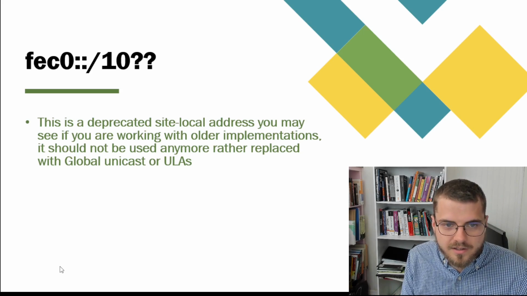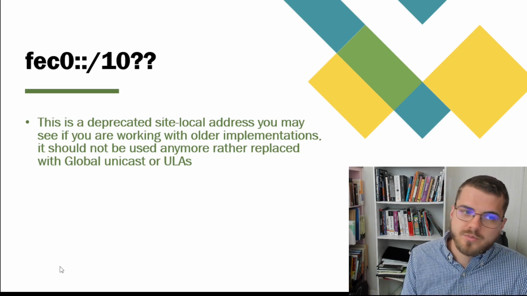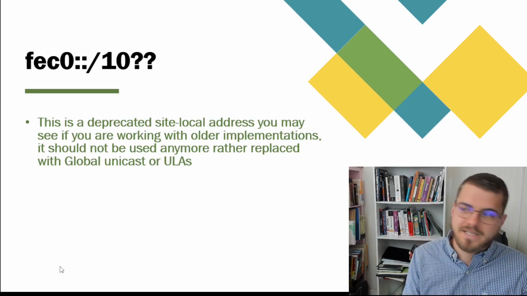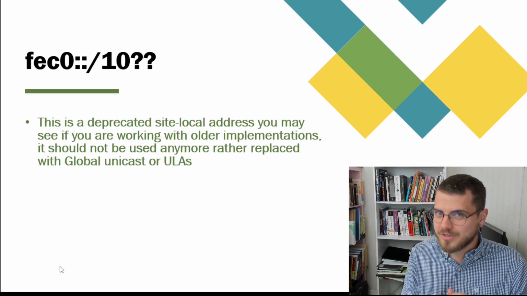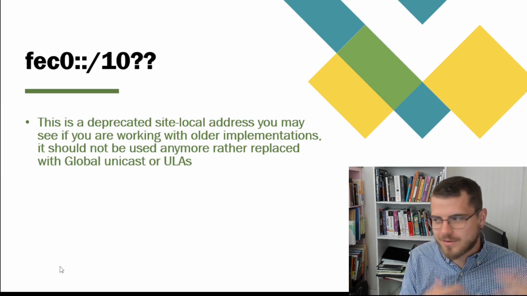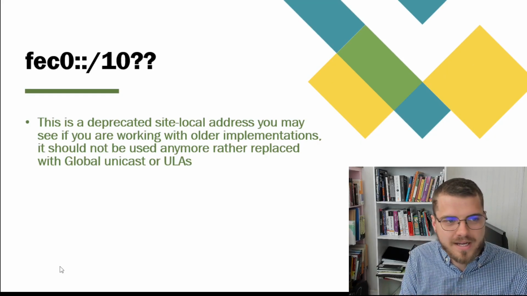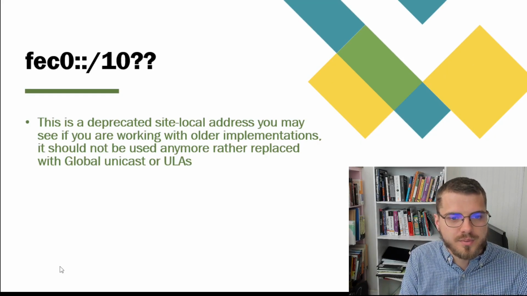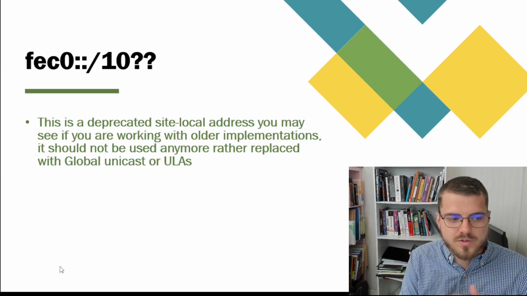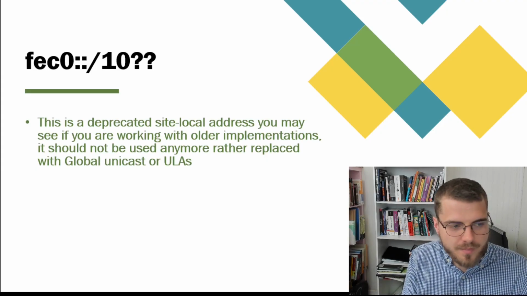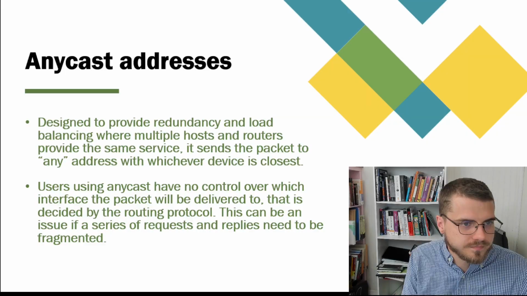This is a deprecated site local address. If you're working with some older equipment, I say older but still using IPv6, which sounds newer, then you might see the FEC0 prefix, and you really shouldn't use that anymore. But you might run into it out in the field.